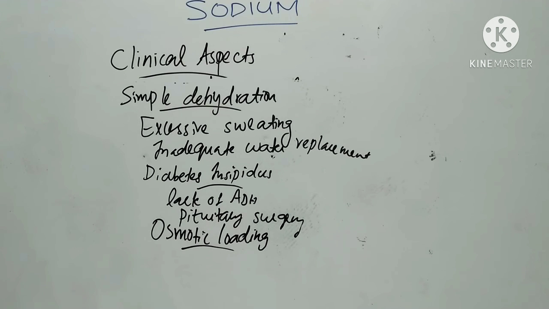Relatively little sodium is excreted, so the plasma level rises. In very ill patients on a high protein diet, urea is formed, which is then excreted in very large amounts along with large volumes of water. That is osmotic loading.